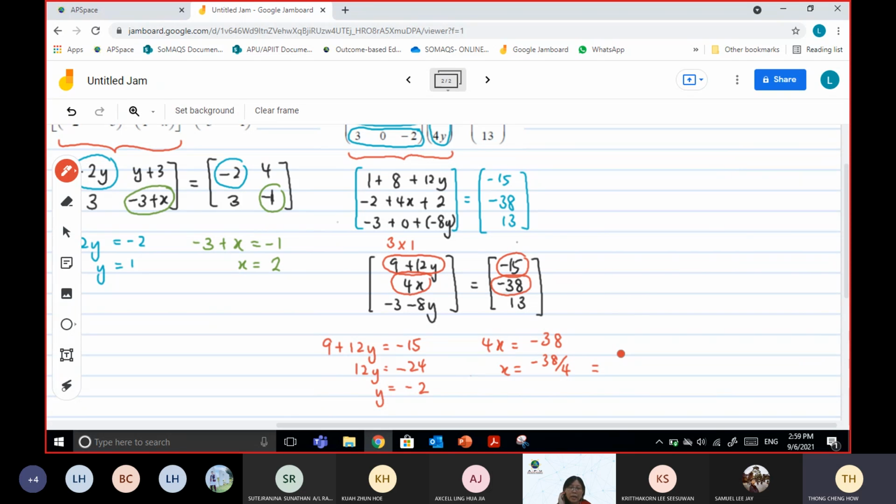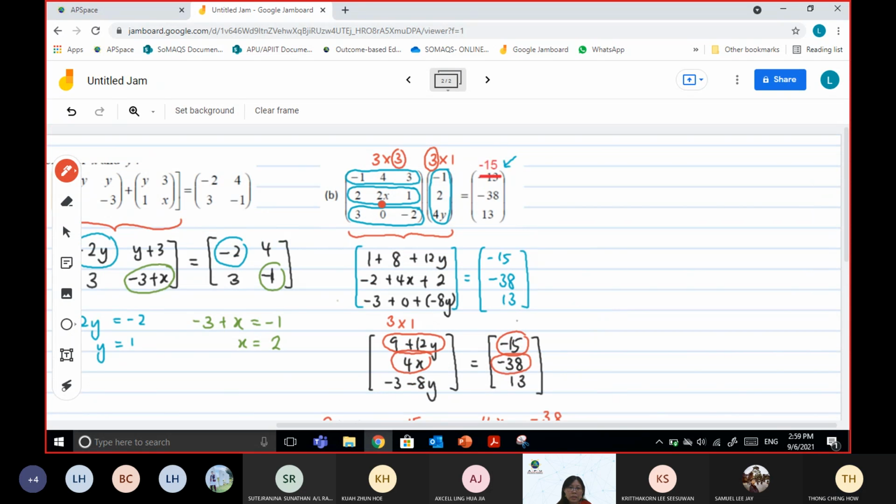Hi, Miss. Sorry to disturb. But the second row, it should be negative 2 plus 4x plus 4y, not 2. Okay, sorry, wait, negative 2, 4x plus, I multiplied it wrongly. It should be 1 times 4y.